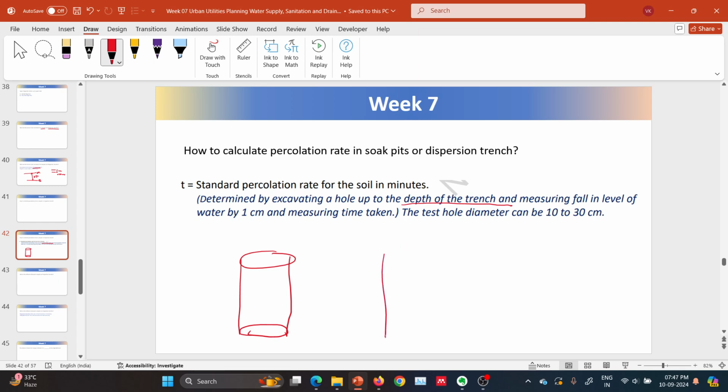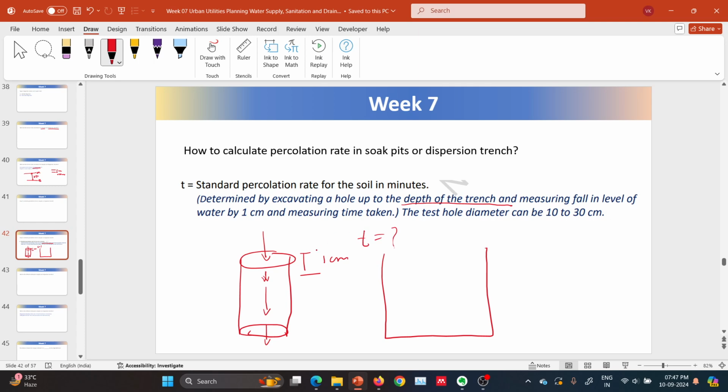So this is the trench. Same depth up to the depth of the trench, measuring the fall in level. We will fill it with water, or we can fill it with sewage, and check the fall of 1 centimeter. You will measure the time. How much time will it take?